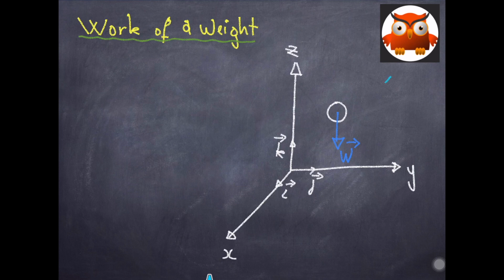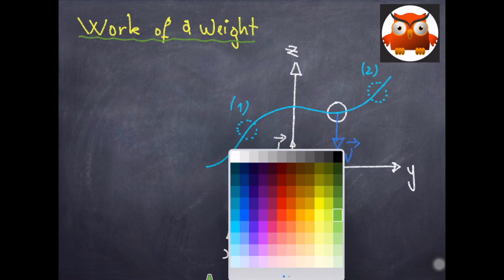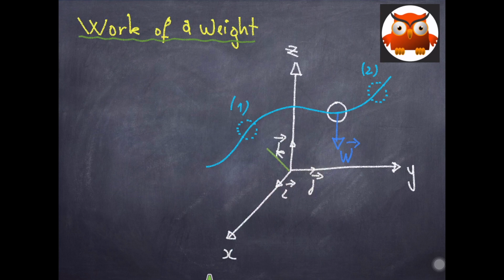So let's say this is the path followed by the particle, and the particle moves from this position, let's say position 1, to another position, let's call it position 2. Initially, the particle had a position R1.